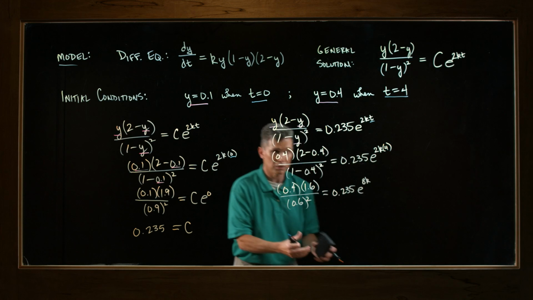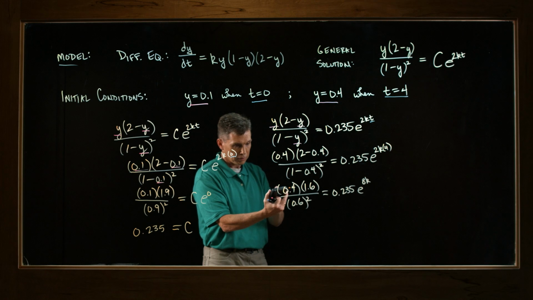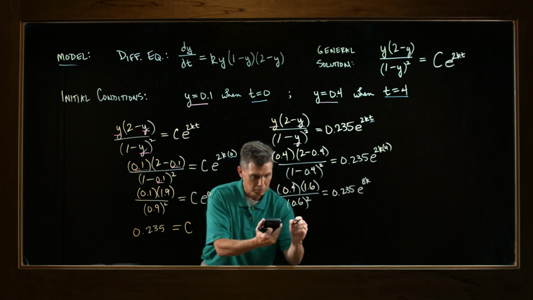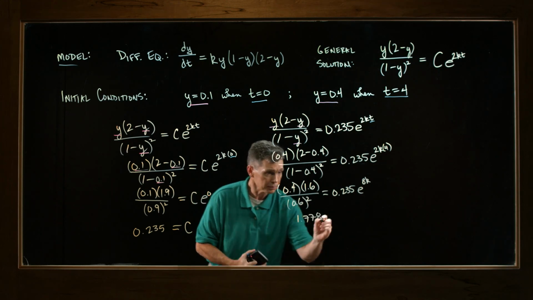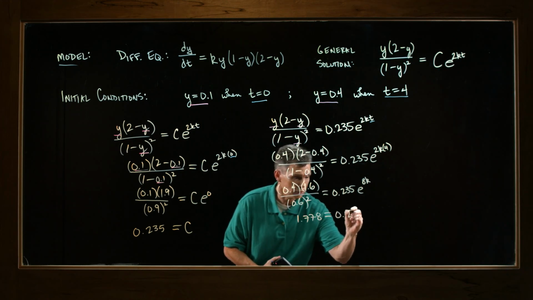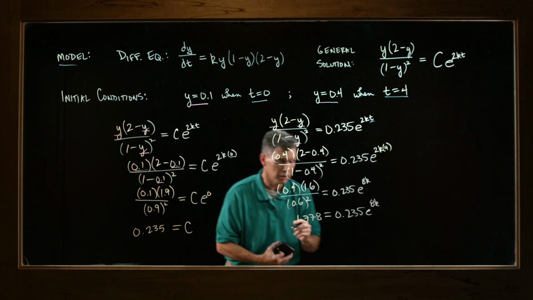So 0.4 times 1.6 divided by 0.6 squared, I'm getting 1.778 equal to that 0.235 e to the 8k on the right-hand side.